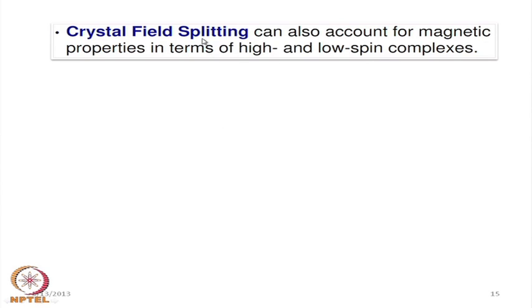Delta gives us the crystal field splitting, and it can account for magnetic properties in terms of high and low spin complexes. These high spin and low spin complexes depend upon the nature of the ligand and the amount of splitting.